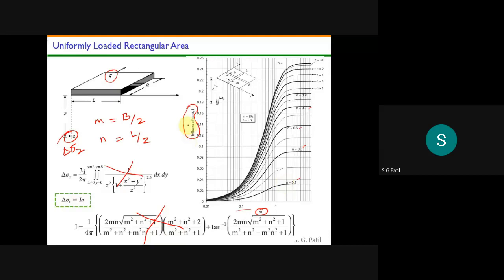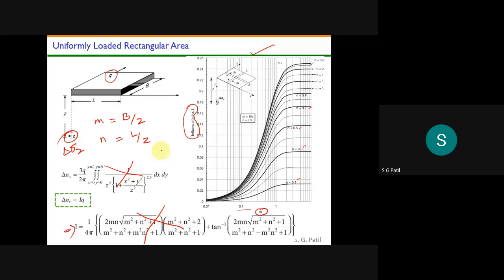If some sensible person is setting the question paper, then he will give the influence factor for different m and n combination, or he should give this chart. You are not expected to remember the formula. We can't remember this formula, right? So he should give this chart, or he can give it in a table.